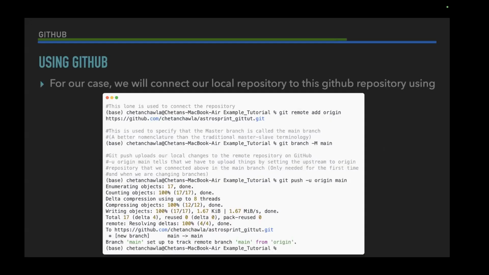So for our case, since we had already started working on an existing project, what we can do is connect this Git repository to a remote GitHub repository. So we do git remote add origin. What this does is it creates a git repository on GitHub.